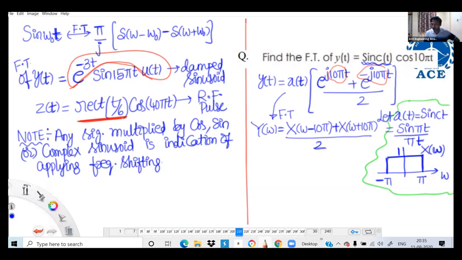It means this rectangular spectrum is right and left shifted by how many units, sir? 10 pi units.